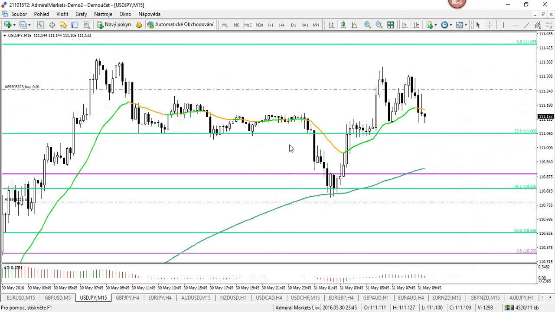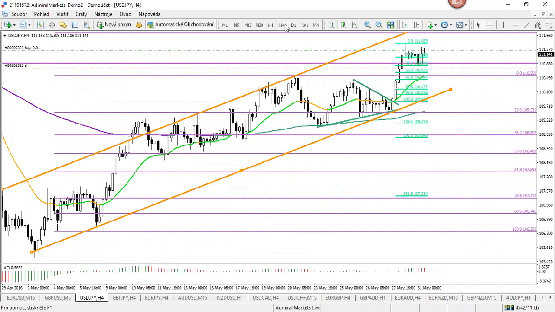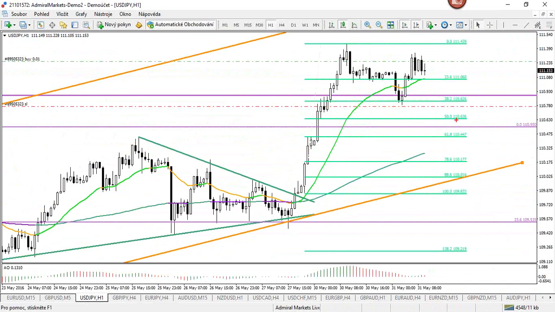Let's see. Maybe dollar yen completed a V shape and it will go down. Everything's possible, but with such a strong momentum without divergence, I wouldn't think it's very likely. I mean, it could get to the 55th.